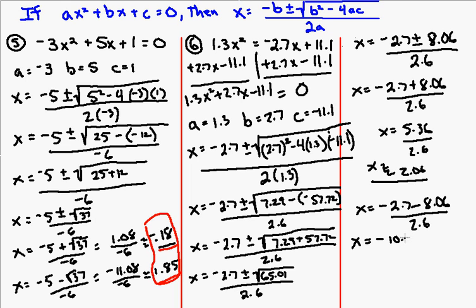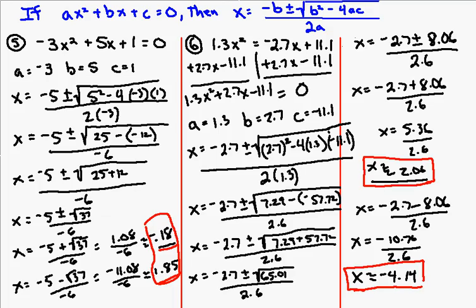X is equal to negative 10.76 divided by 2.6. So if I divide that by 2.6, I get negative 4.14. So x is approximately negative 4.14. So those are the answers for the two values of x right there. So there's 5 and 6.